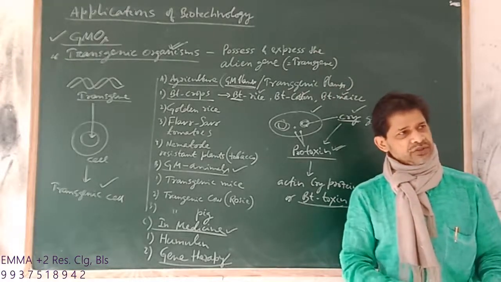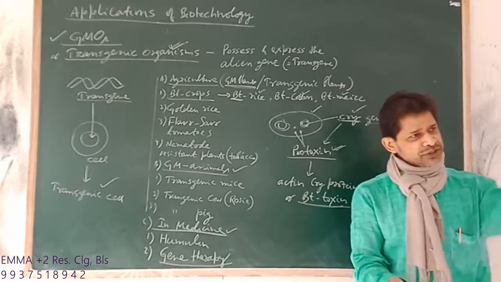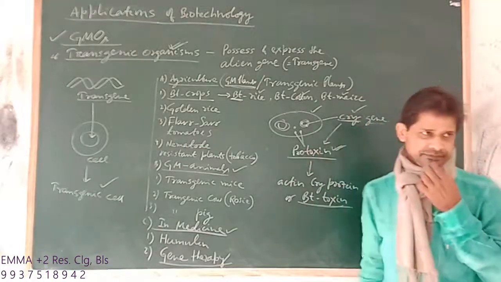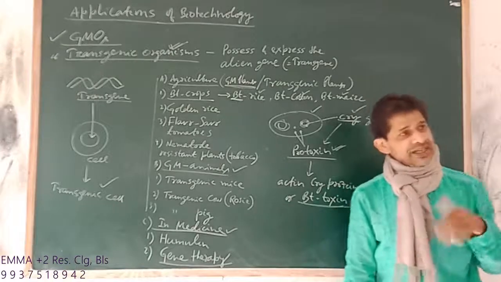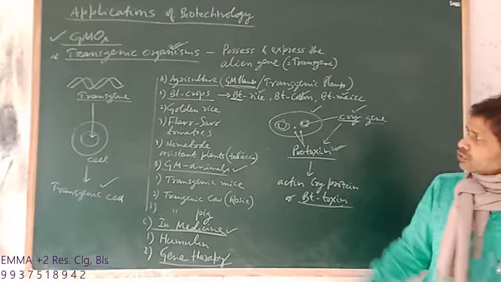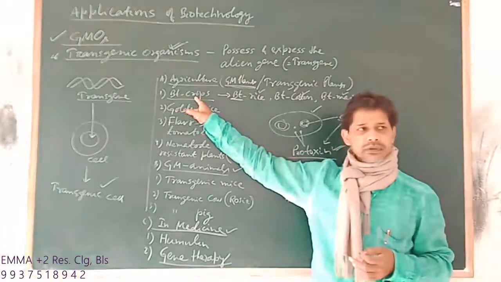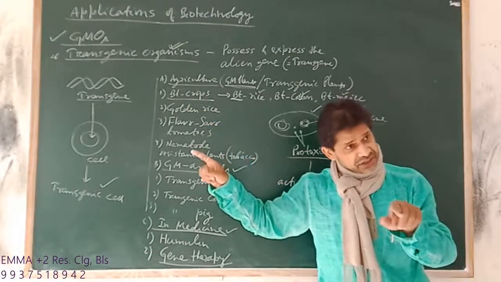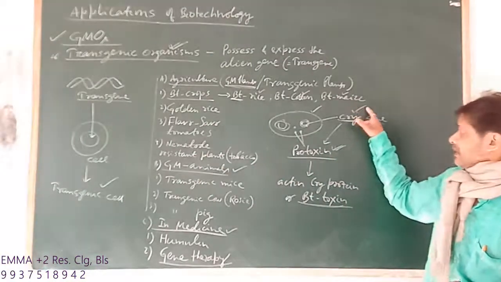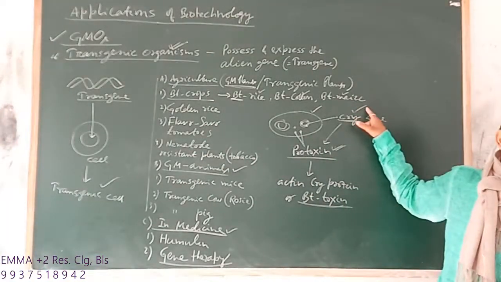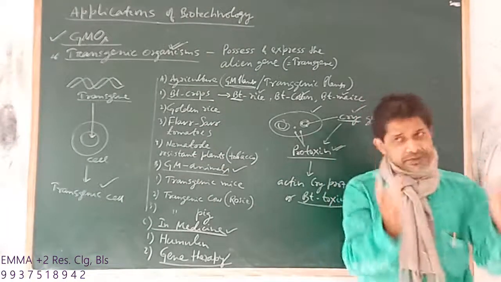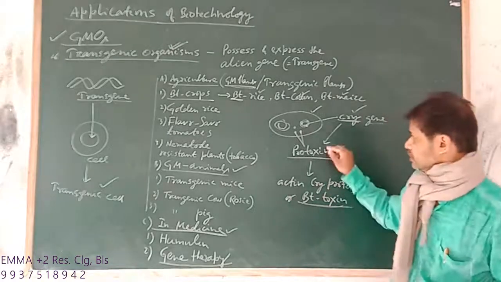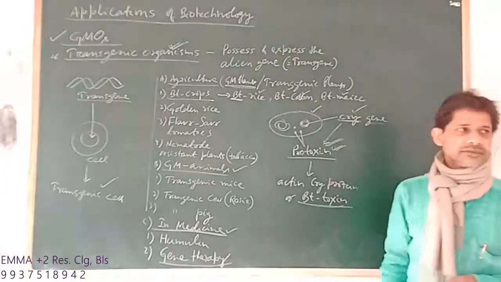That means the entire plant body consists of cells having this transgene, the cry gene. So what do we mean by Bt crop? These are the crop plants with a transgene named cry gene. That means each and every plant cell will produce this protoxin.